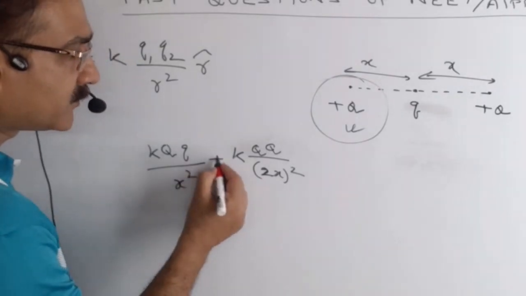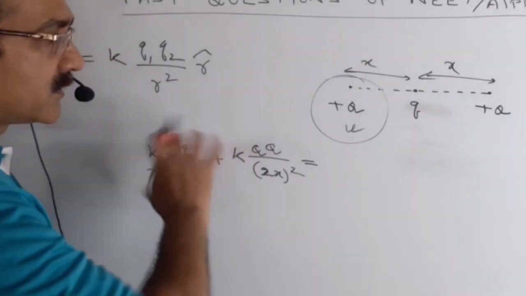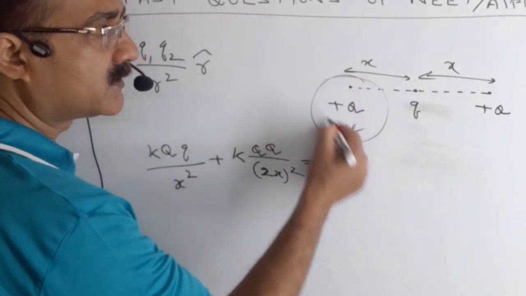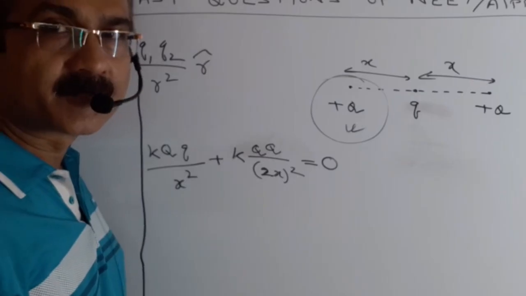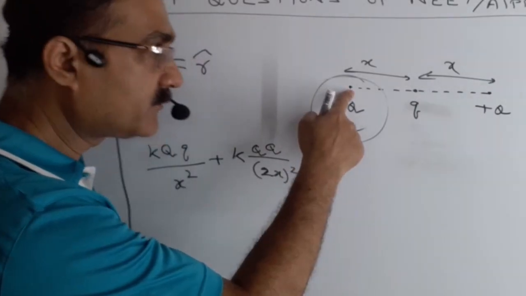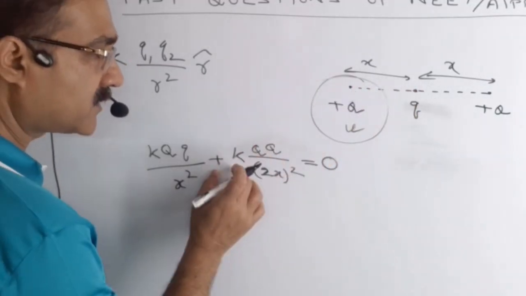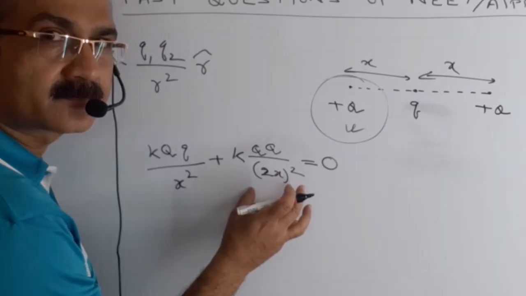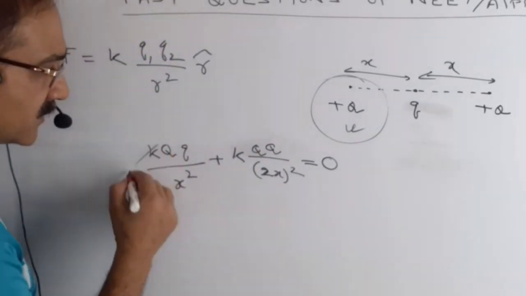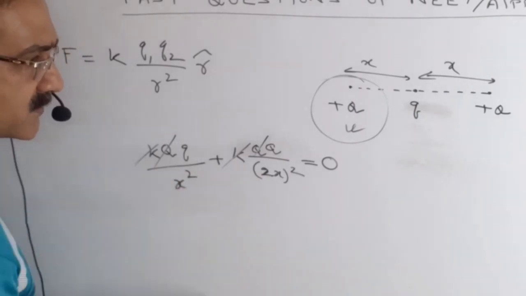Now if we add both these forces, it has to be 0, because this charge should be in equilibrium. It will only be in equilibrium when the net force on it is 0, and net force means force due to this plus force due to this. Now if you solve it, k cancels out, Q cancels out.